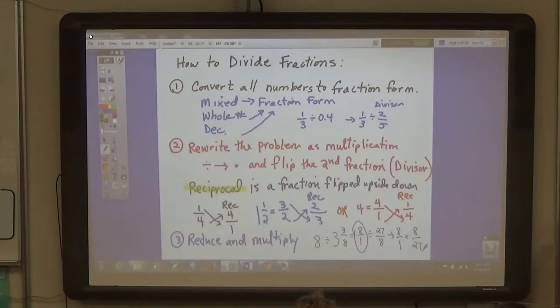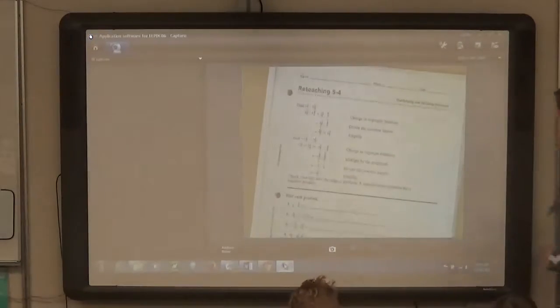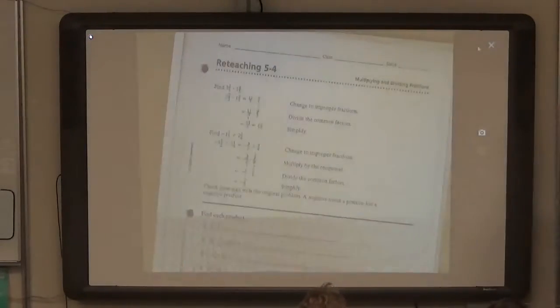Then you keep negative 6 elevenths the same, and you flip the second fraction, so it's 11 over 4. Let me show you.